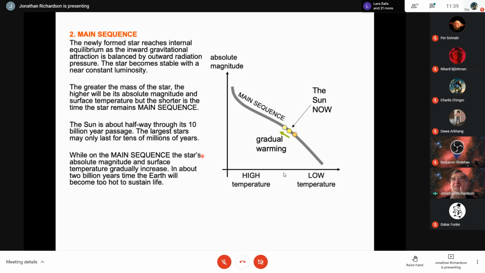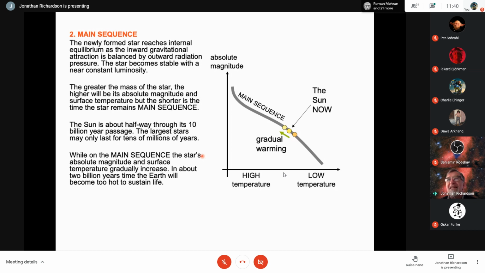And as the star progresses through the main sequence, it will gradually warm up. And we've talked, I think, already about the catastrophe. The sun will at some point come to the end of its lifetime and it will go red, it will expand massively, but during that time building up to that, it will gradually warm.